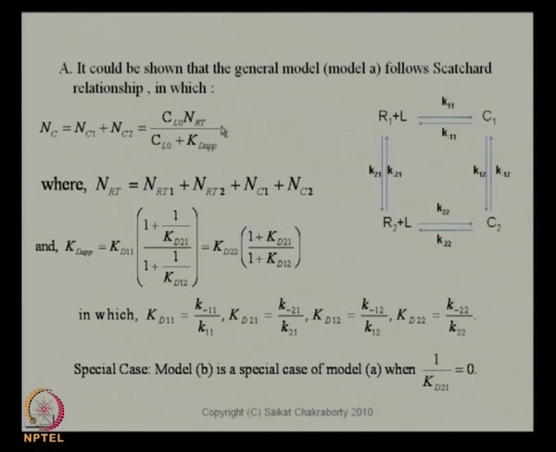So, NC over Cl0 is NRT over Cl0 plus Kd apparent, where Kd apparent is slightly more complicated here. It is Kd11 times (1 plus Kd1 over Kd21) over (1 plus Kd12), which could also be written as Kd22 times (1 plus Kd21) over (1 plus Kd12). Okay, and all these numbers are written over here.